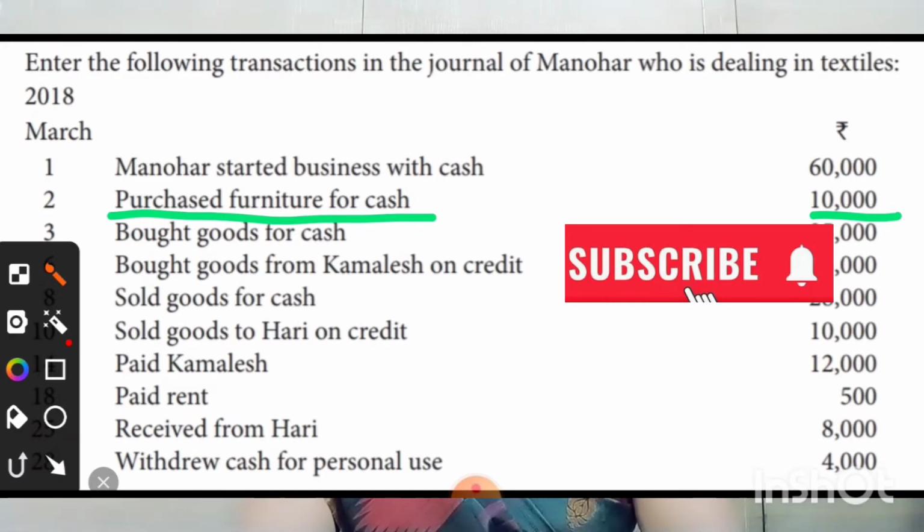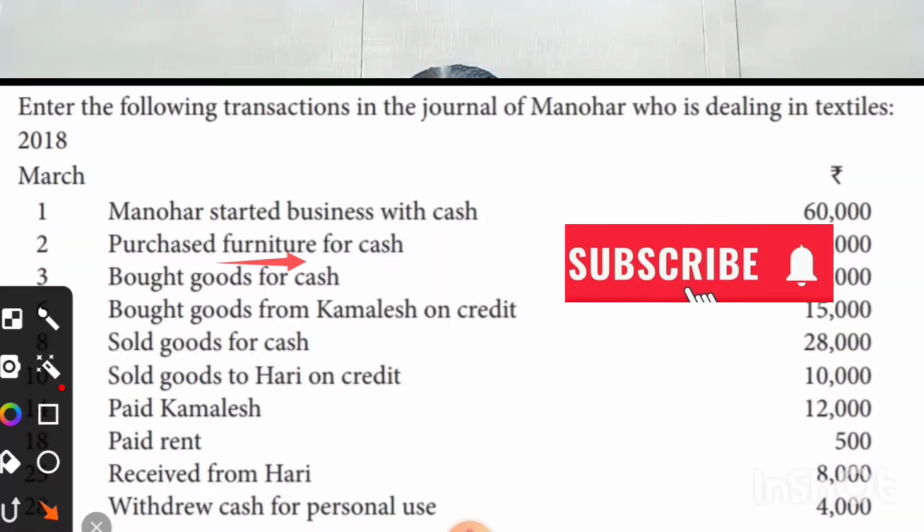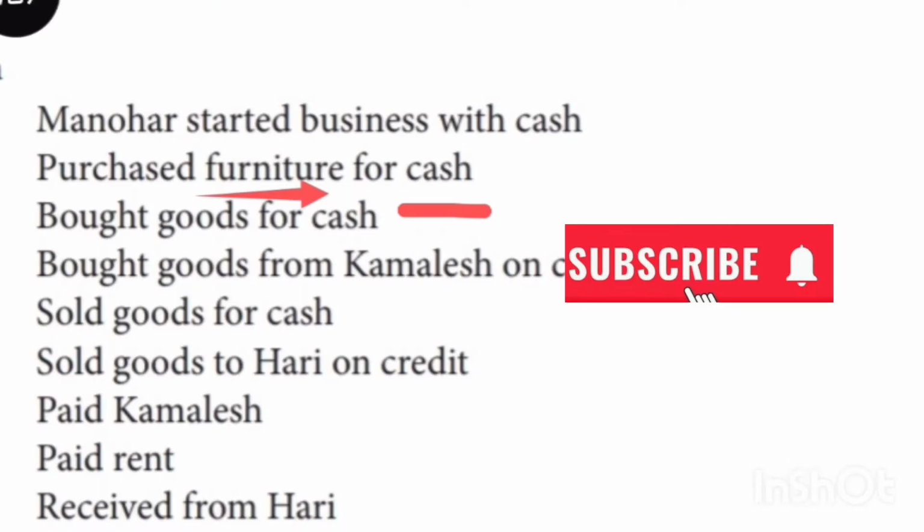Look here, what do we come to know? What are the two accounts that will be affected? Listen to the transaction carefully. Purchased furniture for cash. What are the two accounts affected? One is the furniture account and another is the cash account. How do we know? They are clearly given in the transaction.